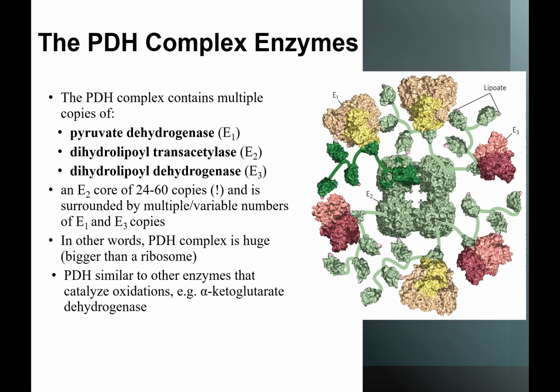So this is big. And we're going to see that PDH is similar to an important reaction in the citric acid cycle, which is catalyzed by the alpha ketoglutarate dehydrogenase, very similar chemistry. We're not really going to go into the structure of the alpha ketoglutarate dehydrogenase, but this is a kind of conserved mechanism. We see the things that are happening here happen elsewhere in decarboxylations.